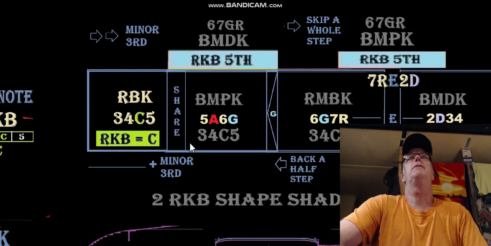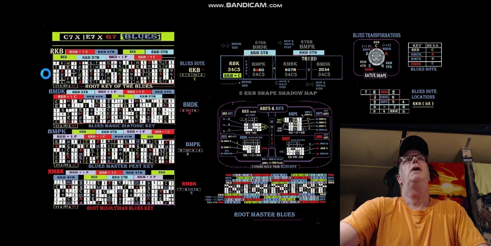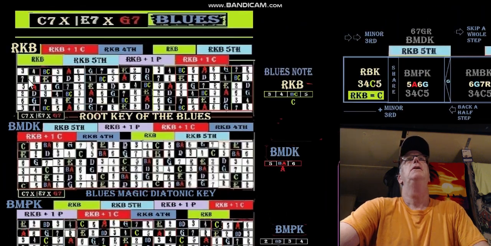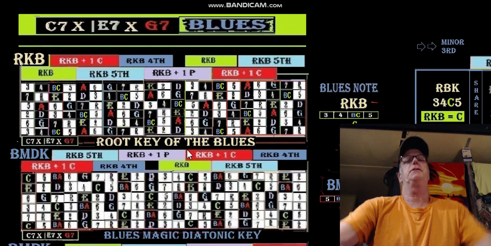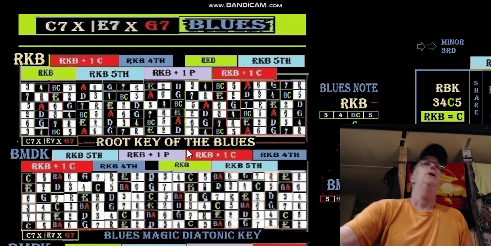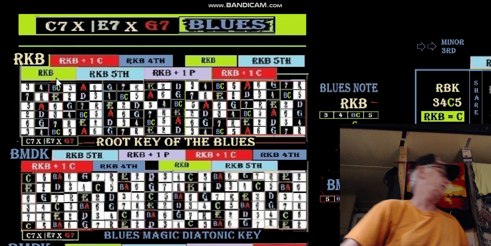I don't know if we have one on this chart. Kind of have a fretboard here. So remember, this is where we left off, and we want to get back to this, but by the time we get back to these RKB references, these are offsets from the RKB. Okay, so if it just says RKB, that's the root shape. So let's start over here with that C.